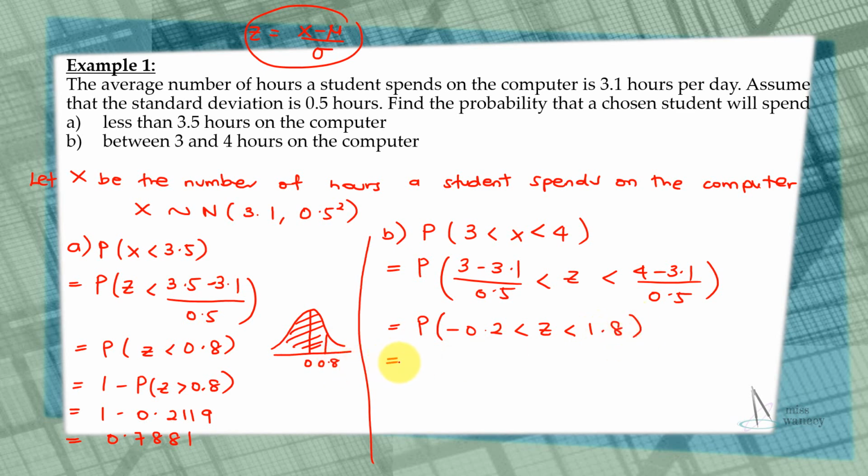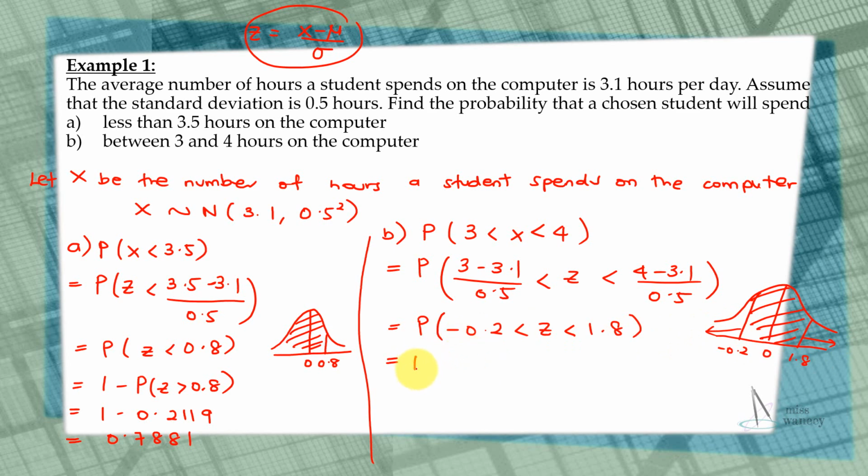Okay, so now we need to know how to calculate this probability. So perhaps drawing the bell-shaped curve will give us an idea how to calculate it. So the middle part is 0. We have negative, so the negative 0.2 is on the left hand side, positive 1.8 is on the right hand side, and then the region is somewhere right in the middle. So that means I should take the total probability, which is 1, minus the left hand side as well as the right hand side.